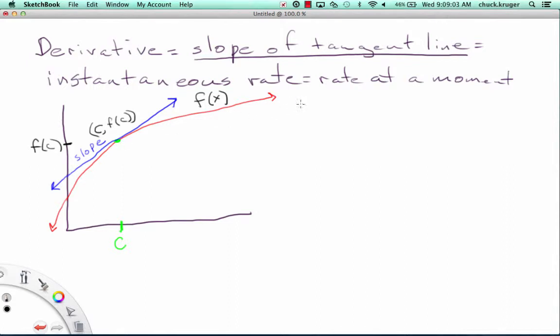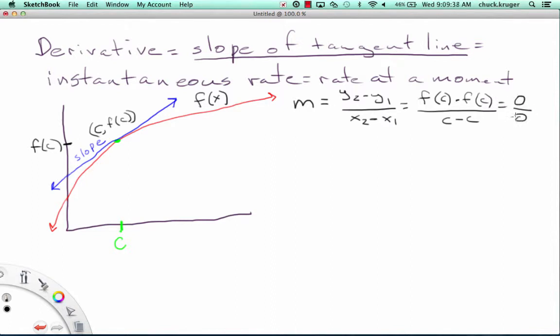And normally the way we figure out slope, and m is our symbol for slope, is we would take y2 minus y1 over x2 minus x1, but the problem of the slope of a tangent line is that you only have one point. So you would have f of c, that's my y value, minus f of c, the same y value, over the same x value, c minus c. I mean, we got 0 over 0.